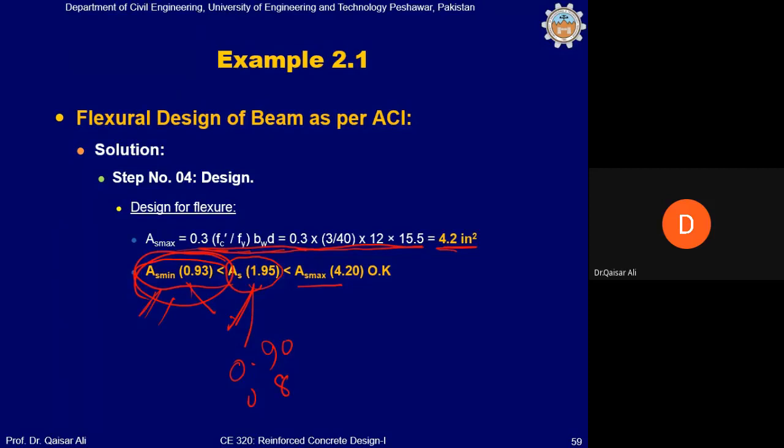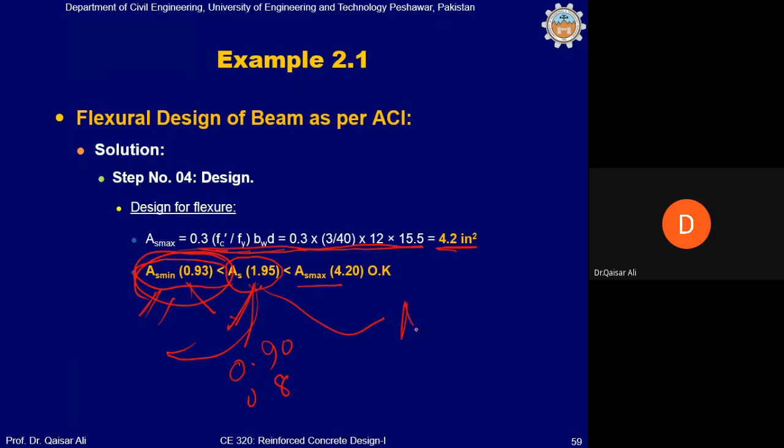As max is necessary to calculate so that As is not more than As max, because if As is more than As max, then the beam will not fail in a ductile mode. Okay, we have answered the question: if As is less than As minimum, then we will provide As minimum. But if As is more than As max, this question is still unanswered.